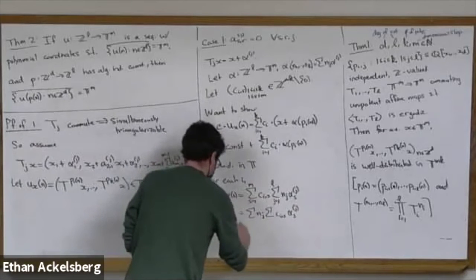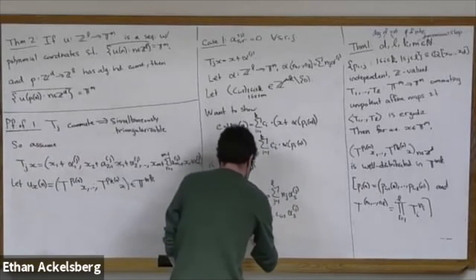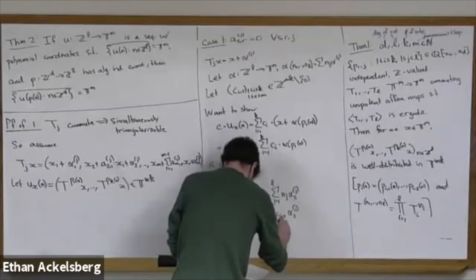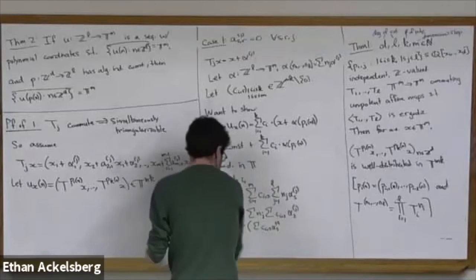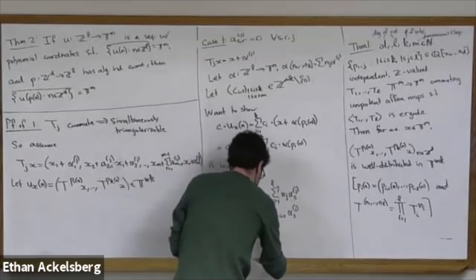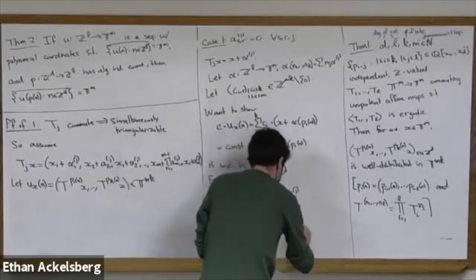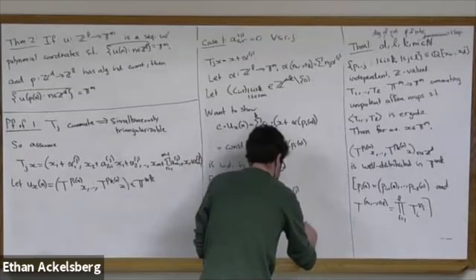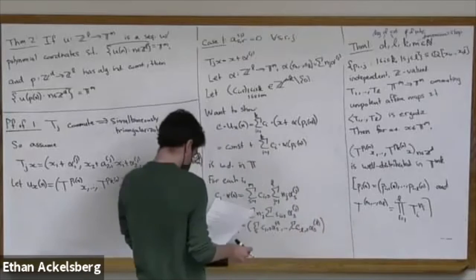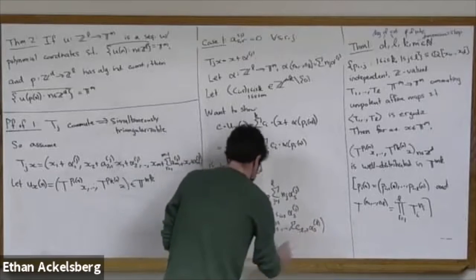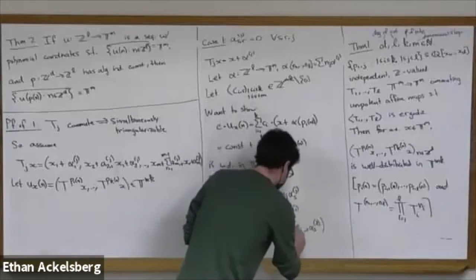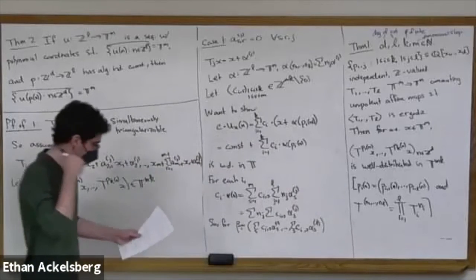So if we let beta_i be a collection of sums here, sum over s of c_{i,s} alpha_{s,1} up to alpha_{s,L}, for each i we're going to have a vector like this.